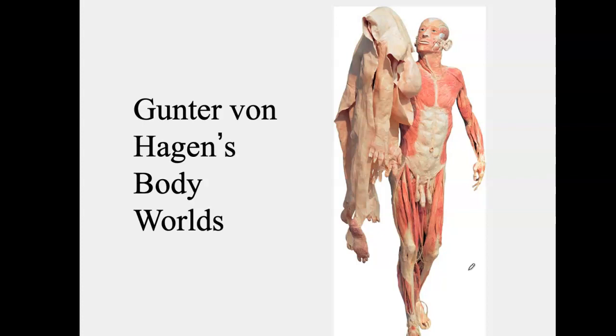And I start out with showing you this diagram, which is so dramatic, and it's from Gunther von Hagens' Body Worlds. I don't know if any of you had the chance to go to see the exhibits.